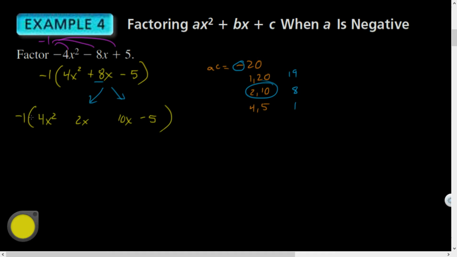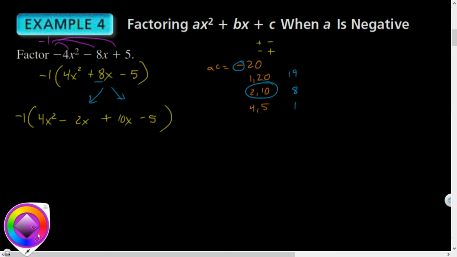Close parentheses, right? Because that negative 1 is just hanging out. Let's see, as far as the signs for the 2 and the 10, they've got to multiply to be negative, so they're different, right? They're either going to be plus, minus, or minus, plus, and they have to add to be the positive 8. So the more influential one must have been the positive.